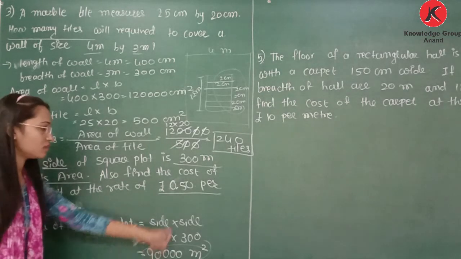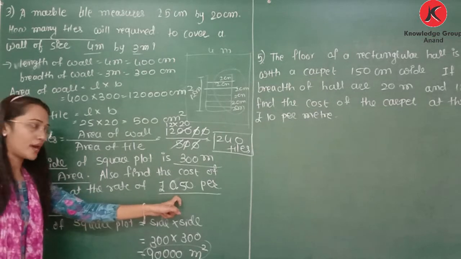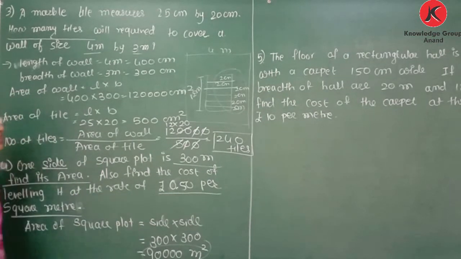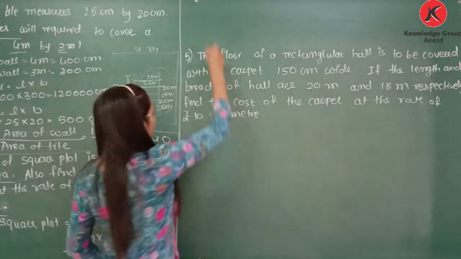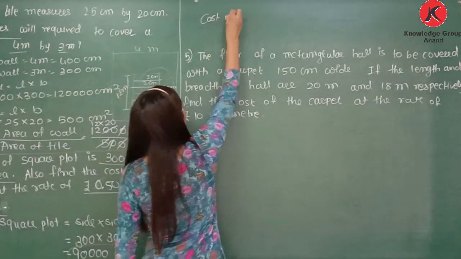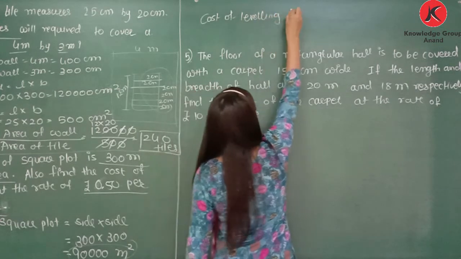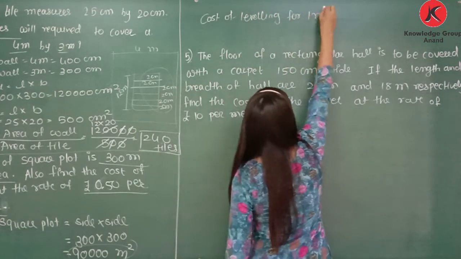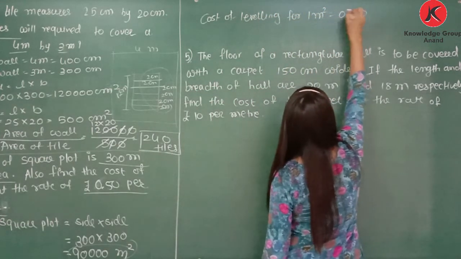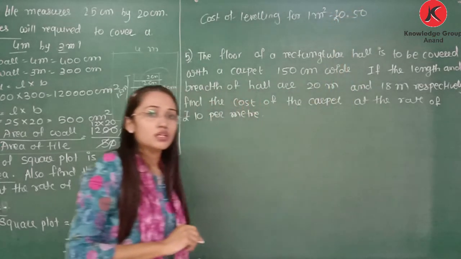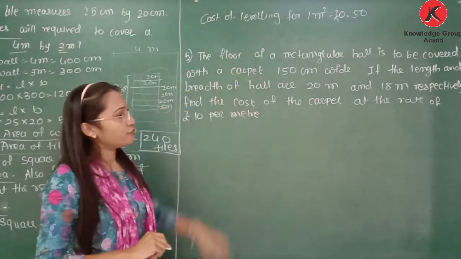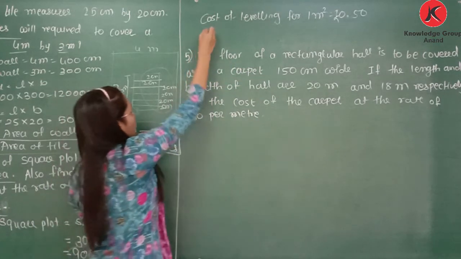So we multiply 90,000 with 0.50 to get cost for leveling. So cost of leveling for 1 meter square is 0.50 rupees. What is the statement? The cost is 0.50 rupees per meter square.